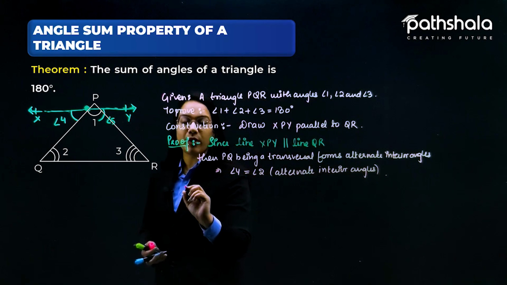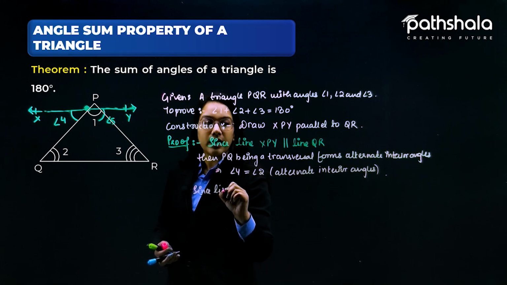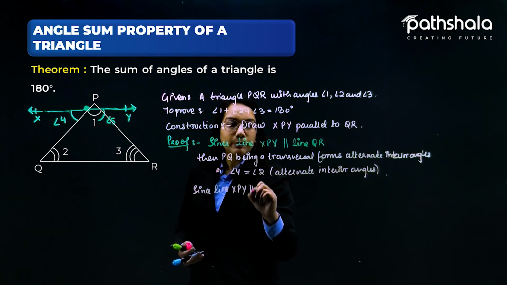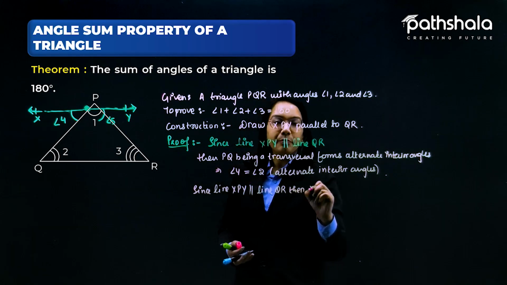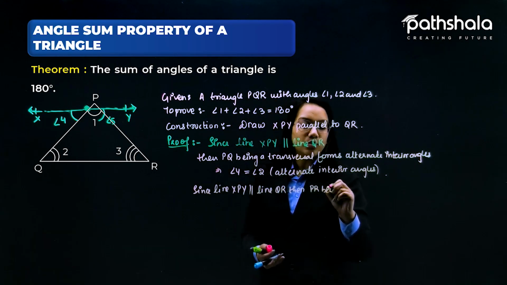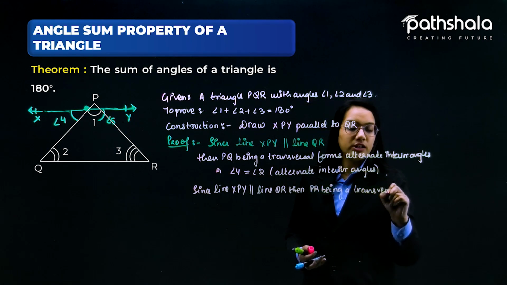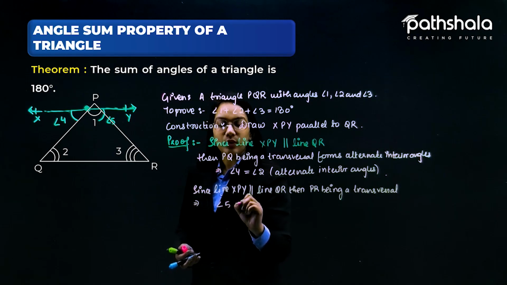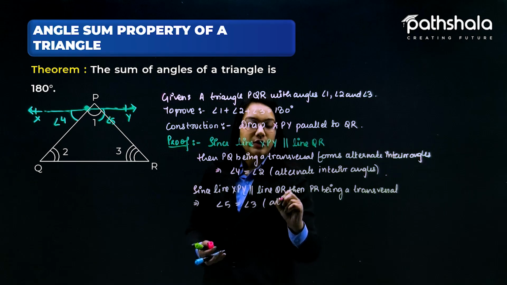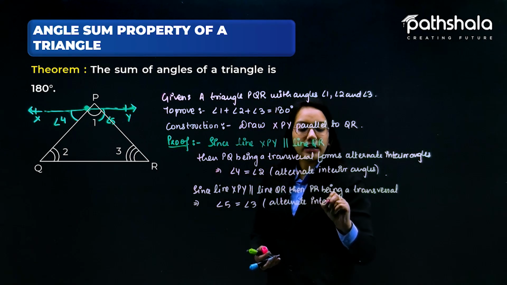In the same way, since the line XPY is parallel to the line QR, PR being a transversal implies that angle 5 is equal to angle 3, because they are forming alternate interior angles.